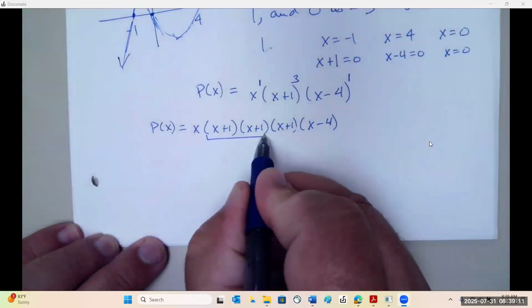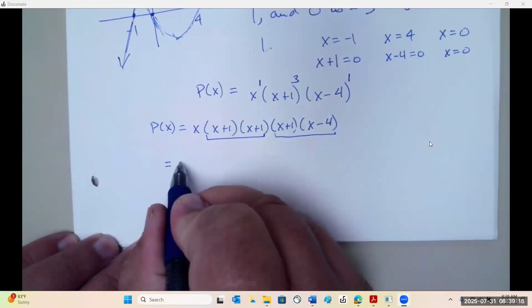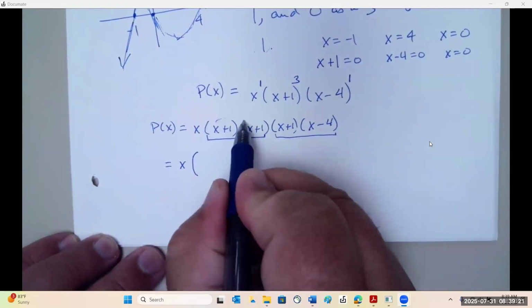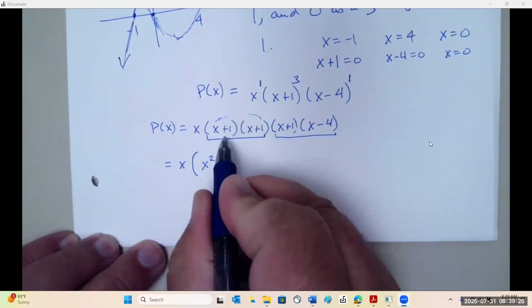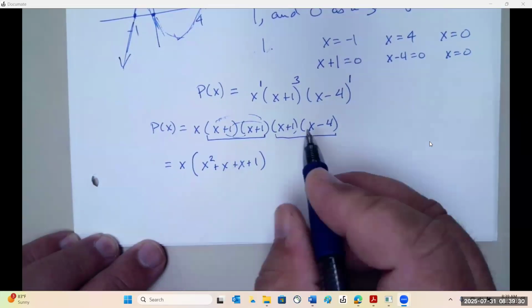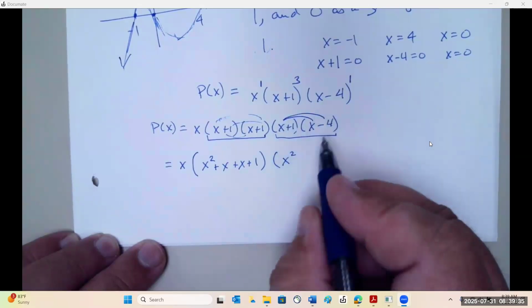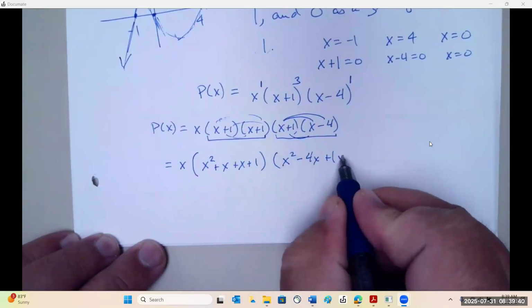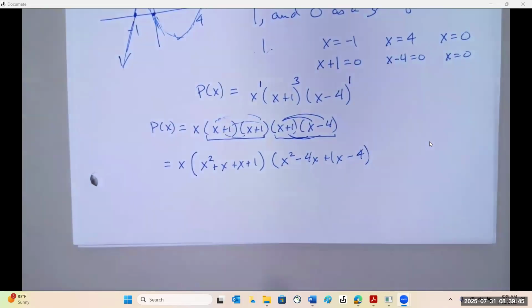So I'll do the first 2 together, and I'll do the last 2 together. And then I'll multiply them all together. So in this first one, we have x times x is x squared plus x plus x plus 1. x squared minus 4x plus 1x minus 4.